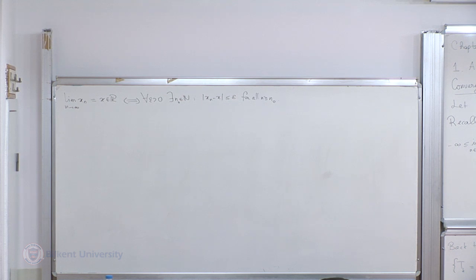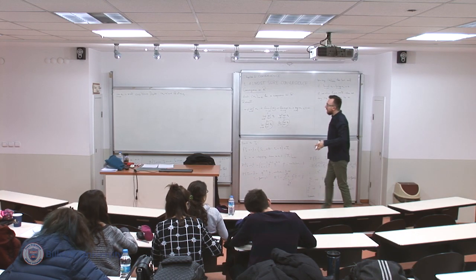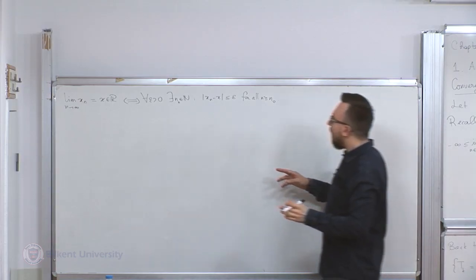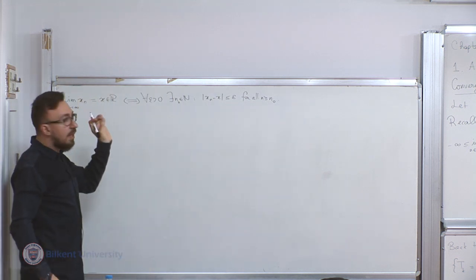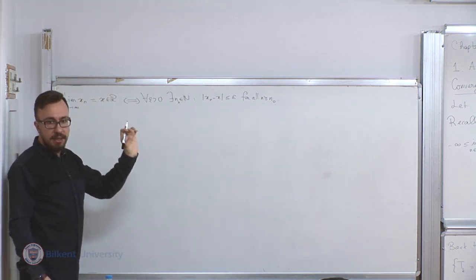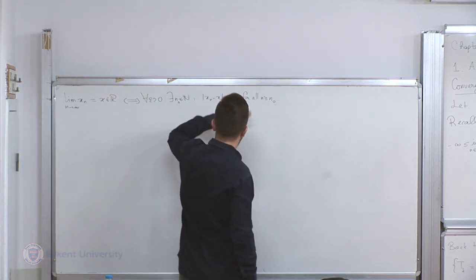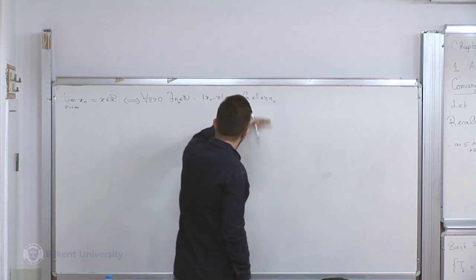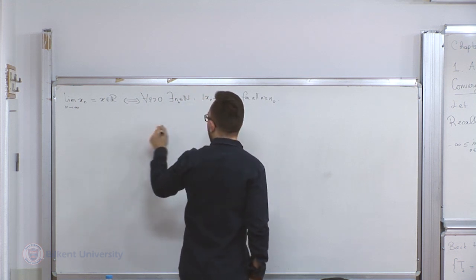And between index 1 and n0, maybe some of them are less than epsilon, some of them are greater than epsilon. But what this is saying is that we have xn minus x greater than epsilon for only finitely many indices, right? Because after this index, we have infinitely many indices, and before that index, we have only finitely many of them. So only in finitely many of them can we have the reverse of this.